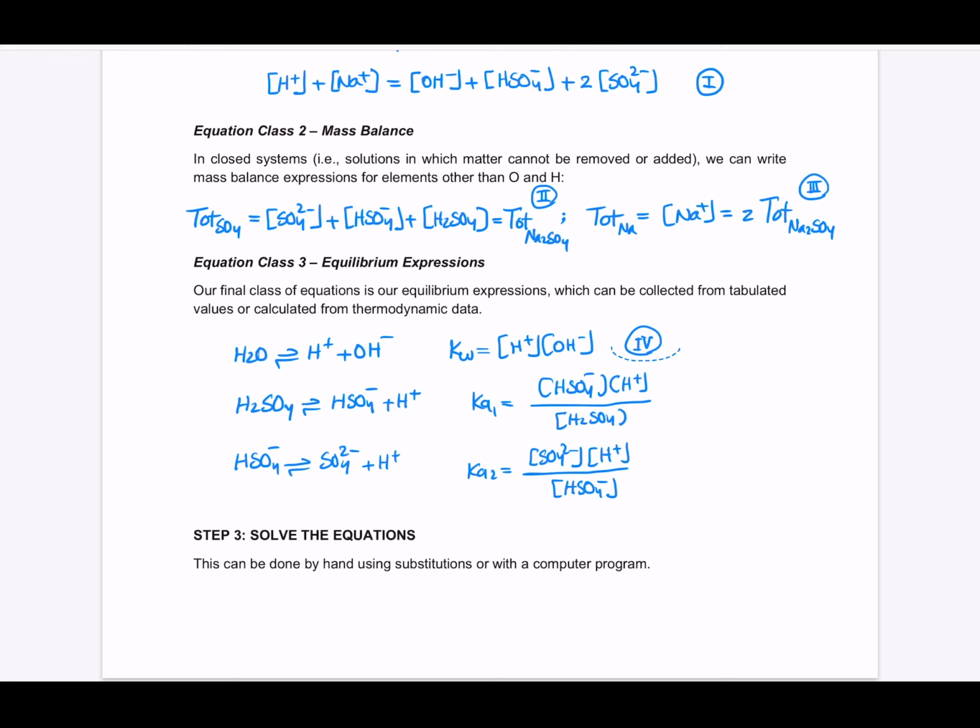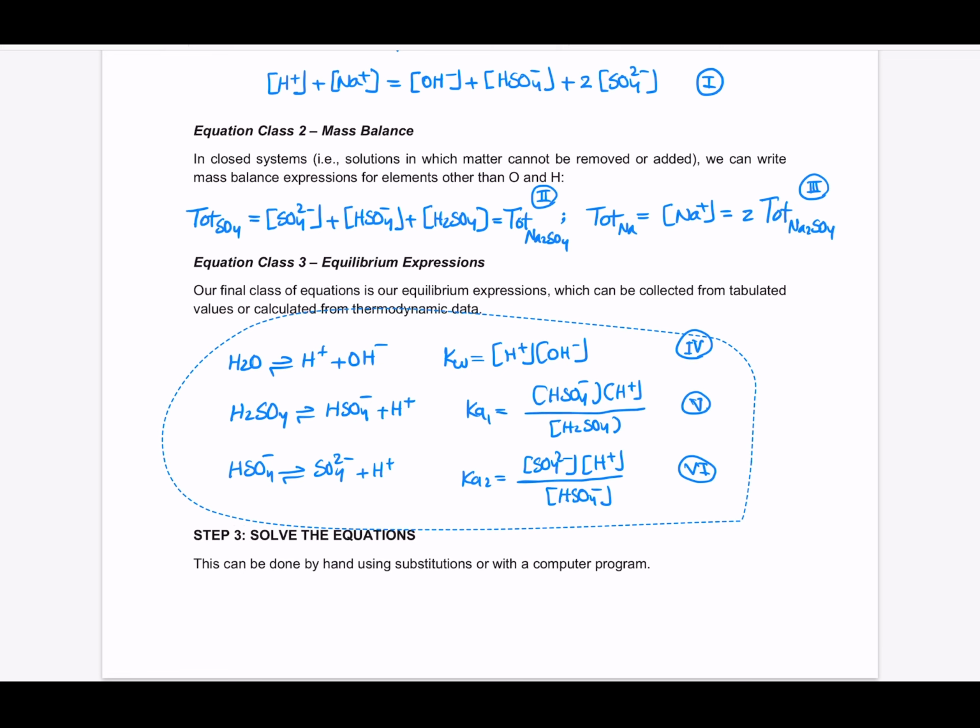So we got equation 4, then this would be 5, and this would be 6. Now we have 6 independent equations and 6 unknowns, so you can solve it. That would be it in terms of how to do speciation.